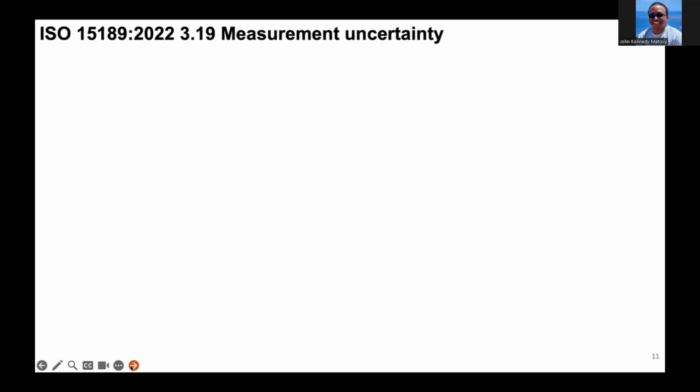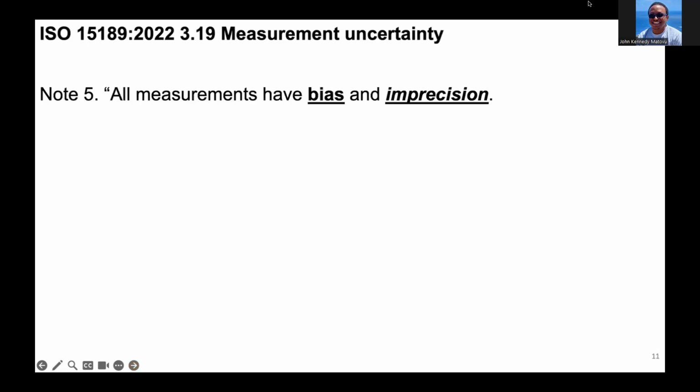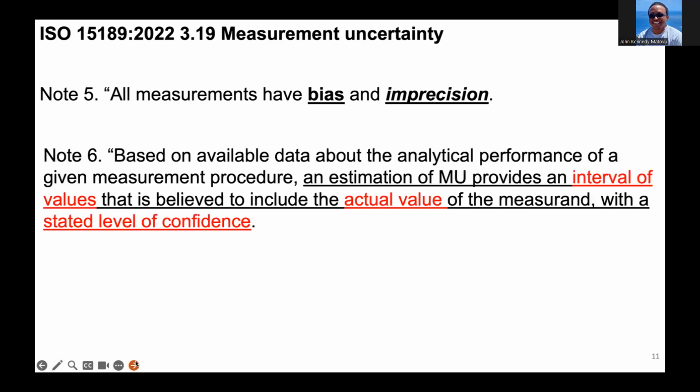I think we have to make that distinction because sometimes we make the mistake of equating uncertainty to error. I've seen that done before. So when we go to ISO 15189:2022, it talks about measurements. Note 5 says, all measurements have bias and imprecision.